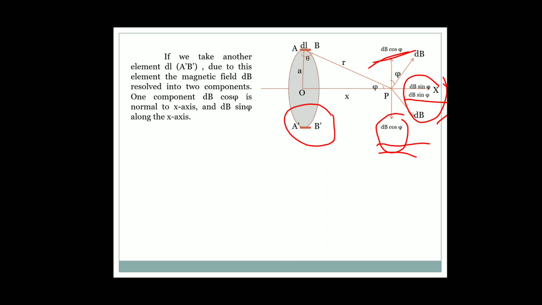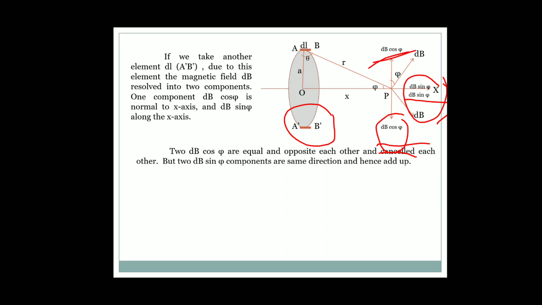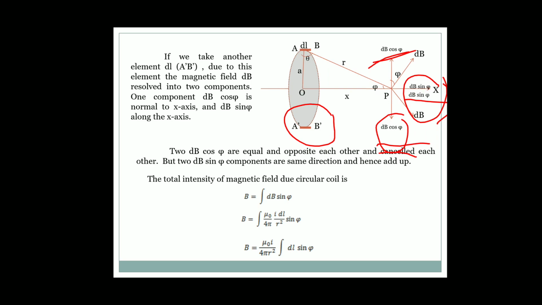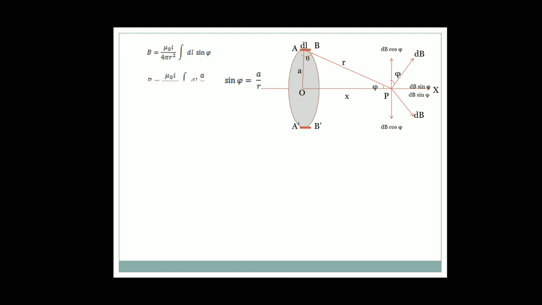So the intensity of magnetic field due to the current carrying circular loop, B, is equal to integration dB sin phi. But we know dB is equal to mu naught by 4 pi into I dl by r square, so B is equal to integration of mu naught by 4 pi into I dl by r square into sin phi. If phi is the angle made between x-axis and r, that is nothing but angle OPA, then sin phi is equal to opposite by hypotenuse, that is a by r.